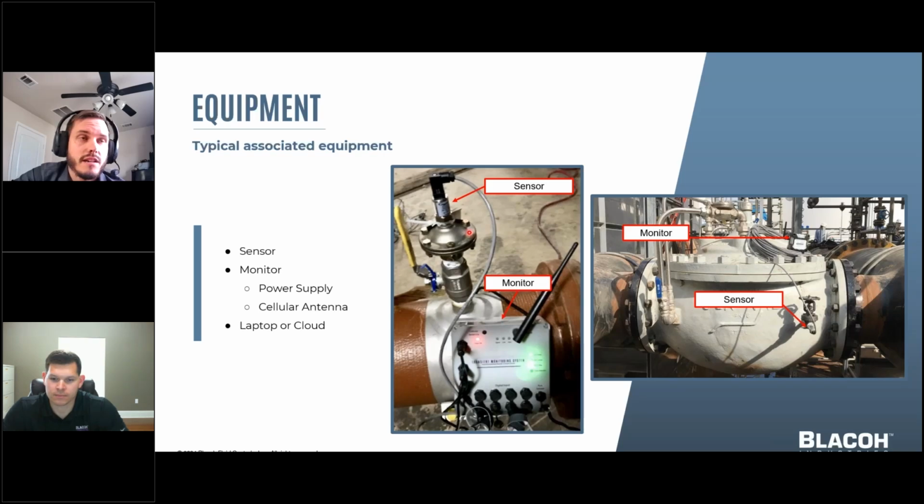They can record data from multiple sensors, like our Guardian can do 8, I believe, and our Defender can do 2 sensors at a time. The appurtenances of the monitor may include a power supply, cellular antenna, and the cloud or laptop itself for storage. Then, of course, there's a software required to read, manage, and report the data.